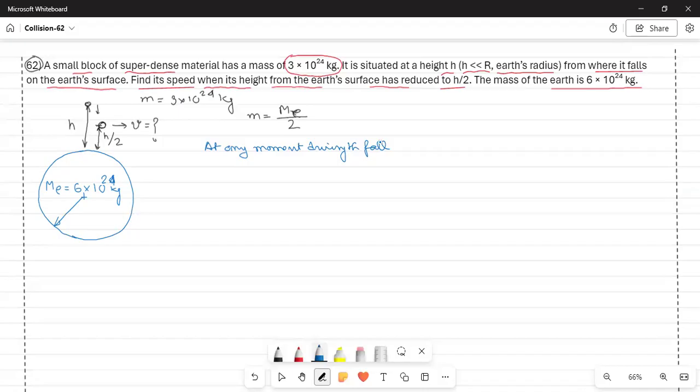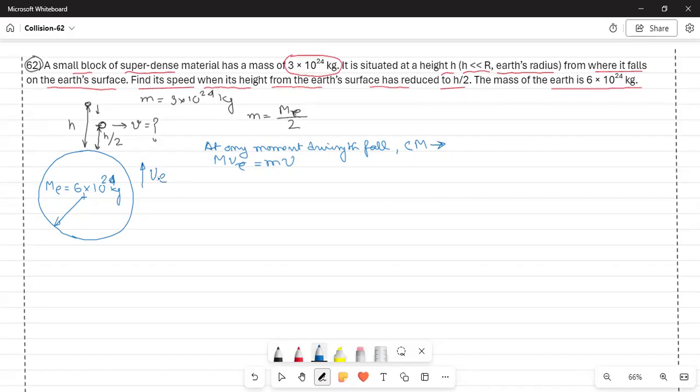At any moment during the fall, from the conservation of momentum, we find capital M into velocity of the Earth is equal to m and velocity of the body. Say the Earth also moves upward with a velocity v.